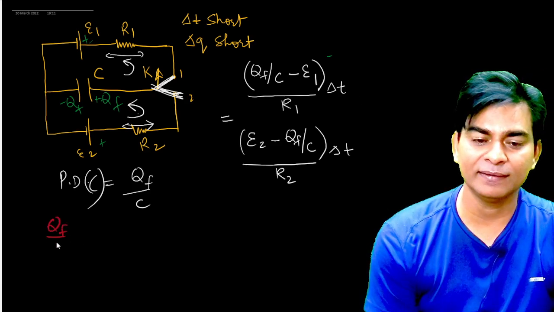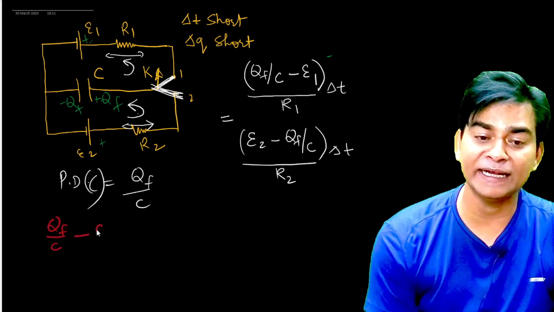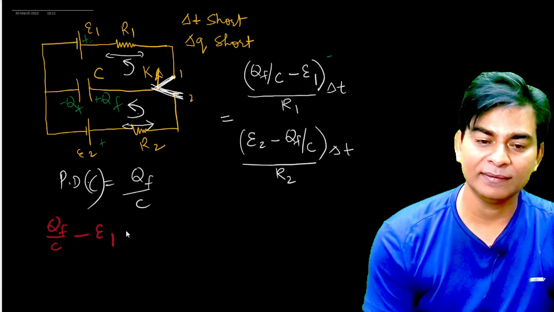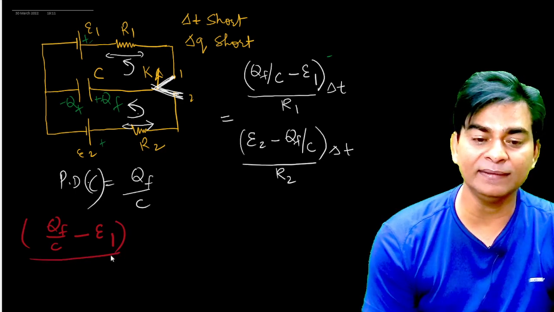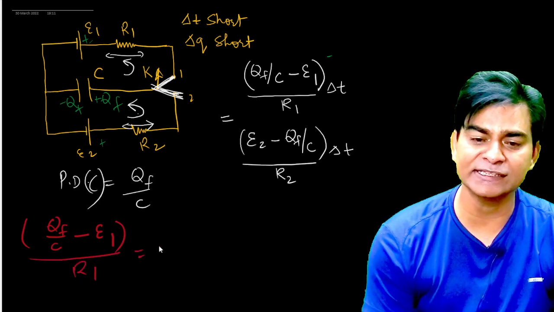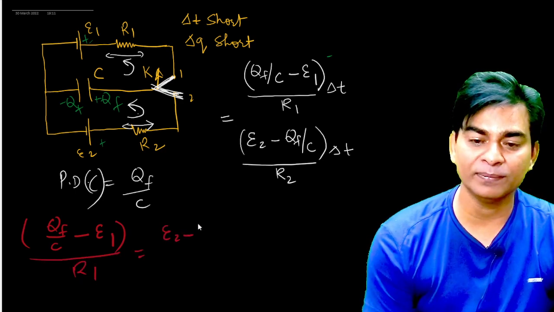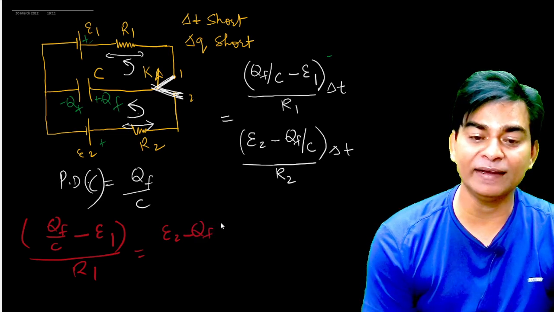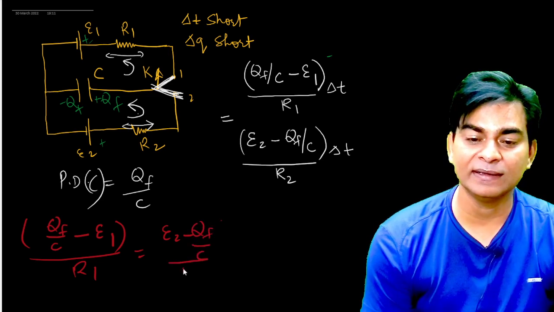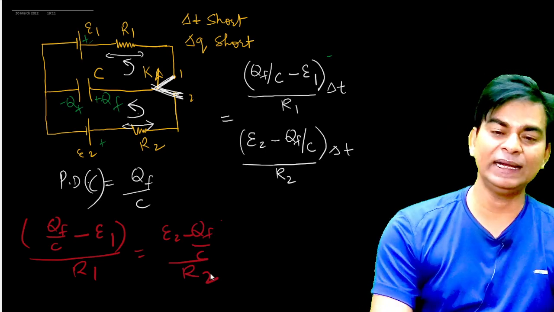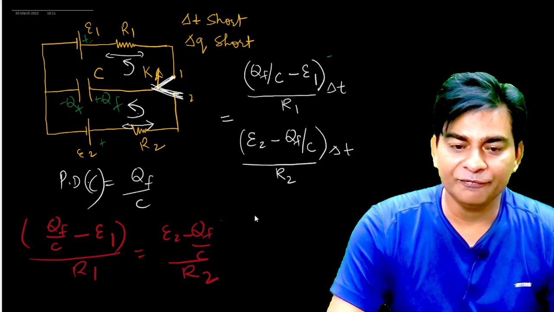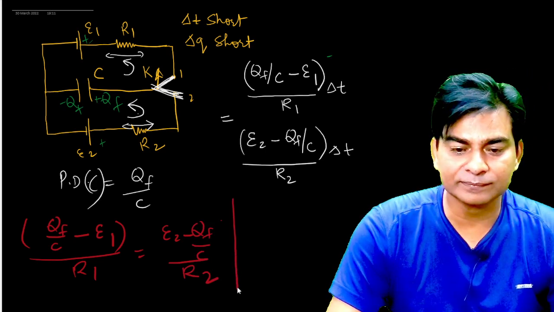Q final divided by C minus E1, divided by R1, equals E2 minus Q final divided by C, divided by R2, with delta t cancelled. We have to solve this equation.